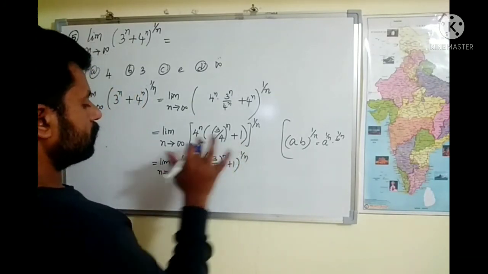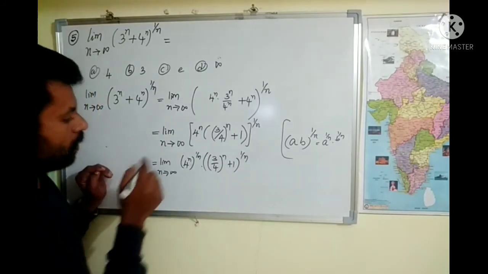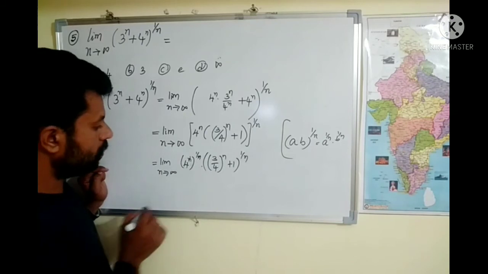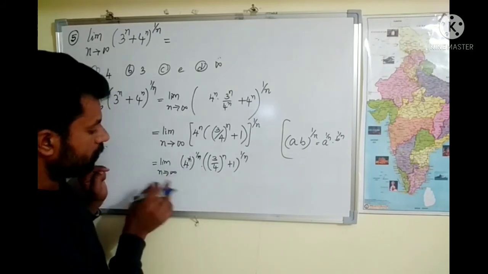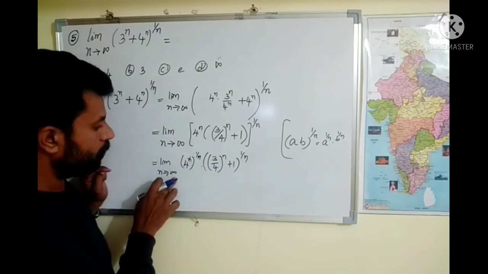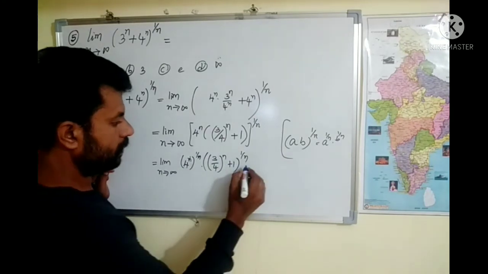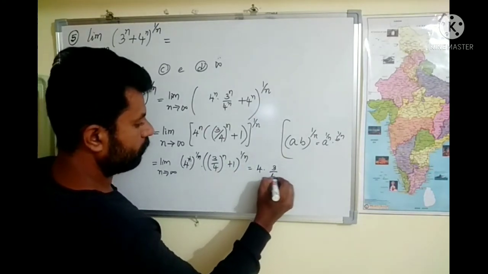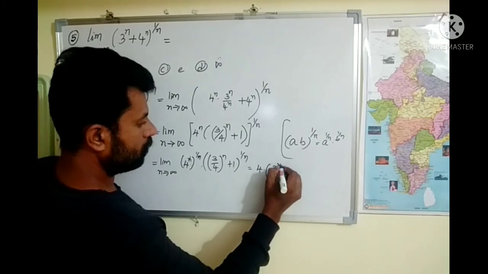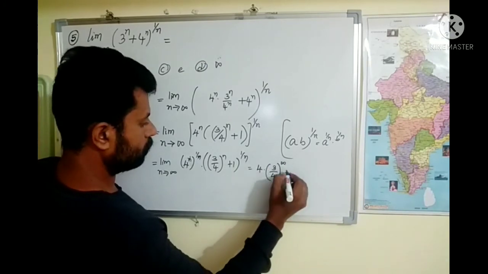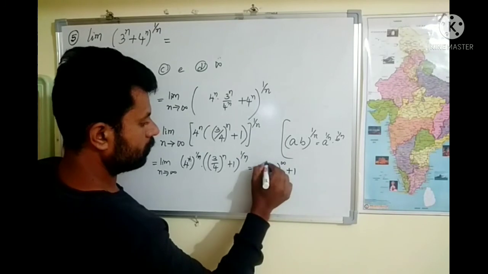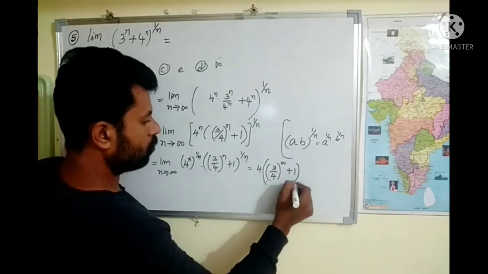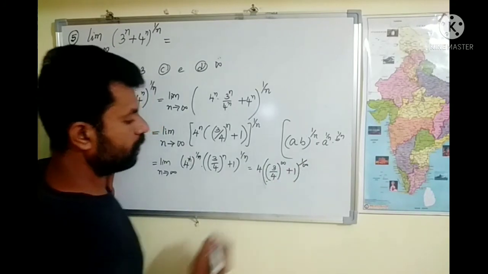Next step, n and the power 1 by n get cancelled, we get 4. Next, substitute infinity in the place of n, we get 4 into (3 by 4 whole to the power infinity plus 1) whole to the power 1 by infinity.